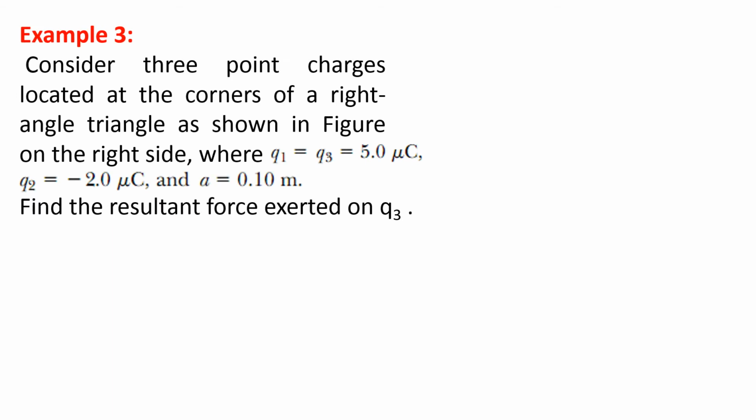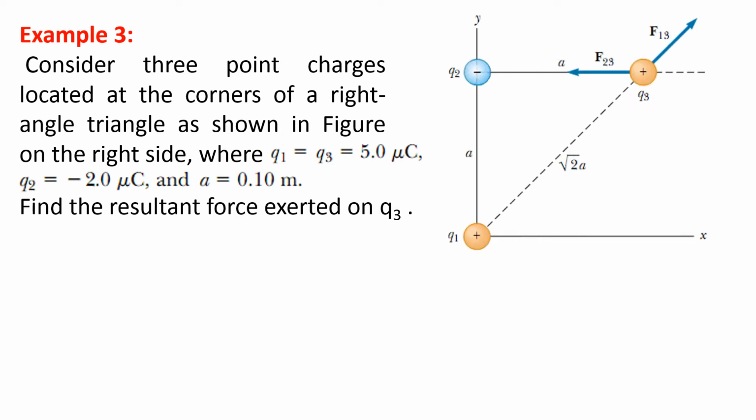Then question number 3. Consider 3 point charges located at the corners of a right angle triangle as shown in the figure on the right side, where charge Q1 is equal to charge Q3 is equal to 5 microcoulombs, and the charge Q2 equals minus 2 microcoulombs.